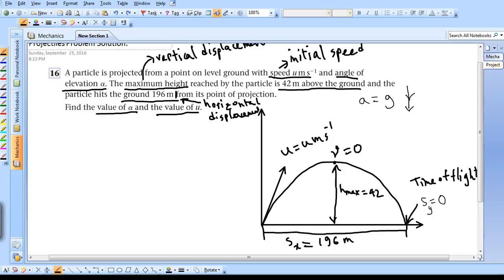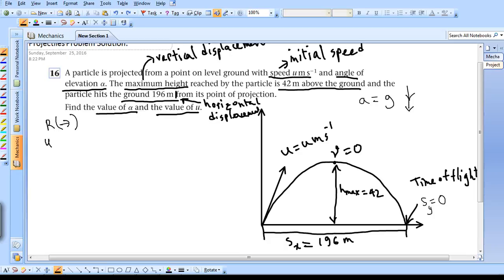Okay, so first things first, let us resolve horizontally. If you look at the initial velocity, there are two components: one is the vertical component and the other is the horizontal component.